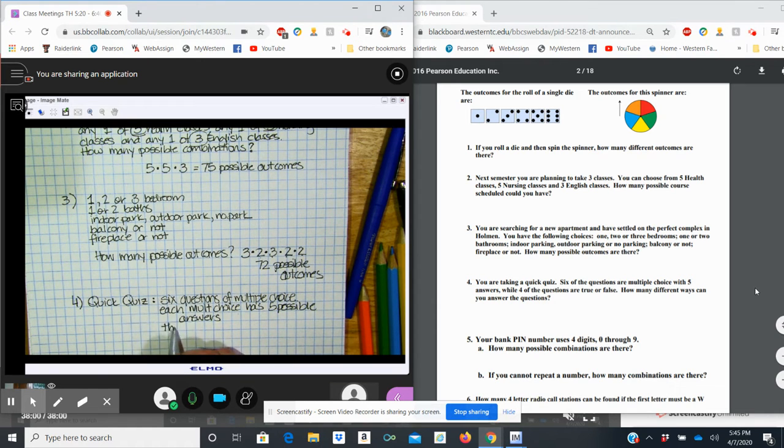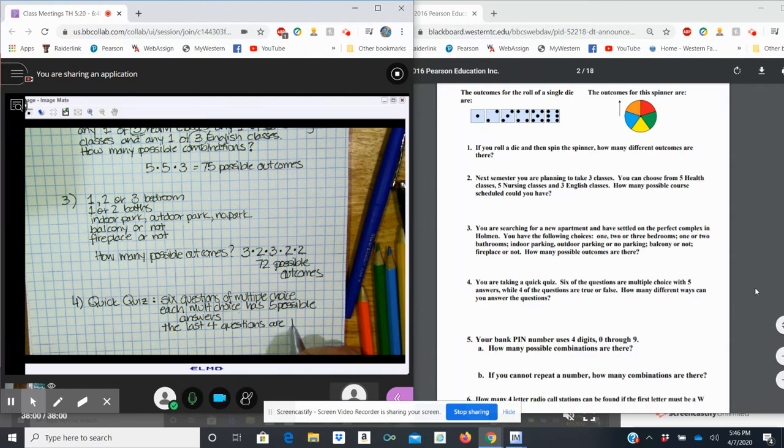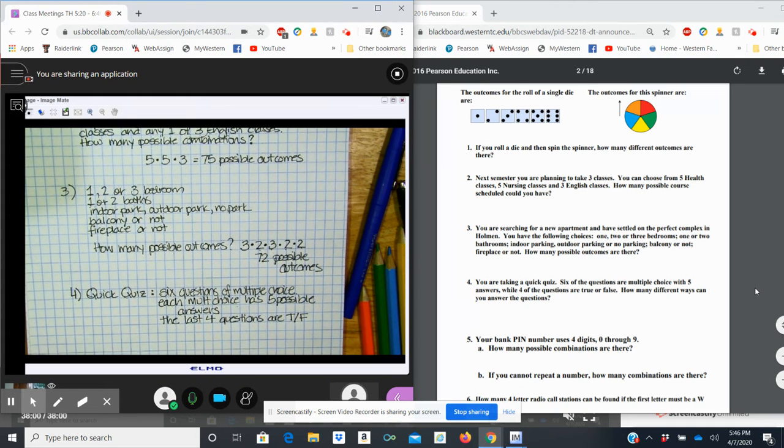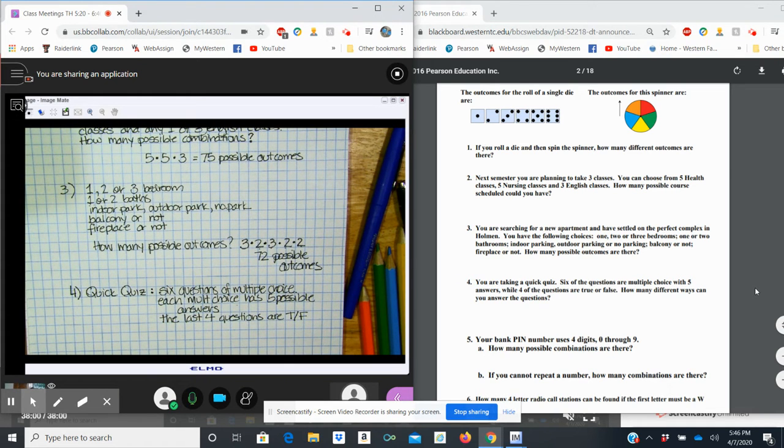The last 4 questions are true false. How many different outcomes for this quiz?